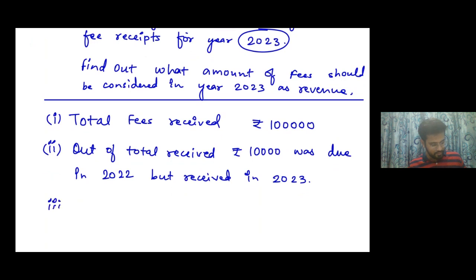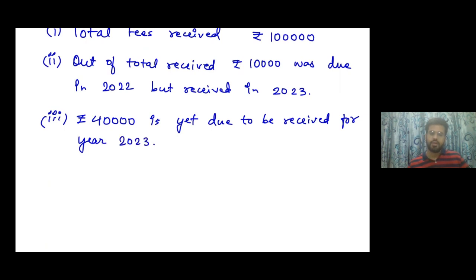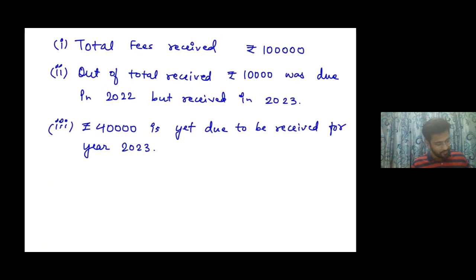Next information: rupees 40,000 is yet to be received for year 2023. That is the next adjustment given.